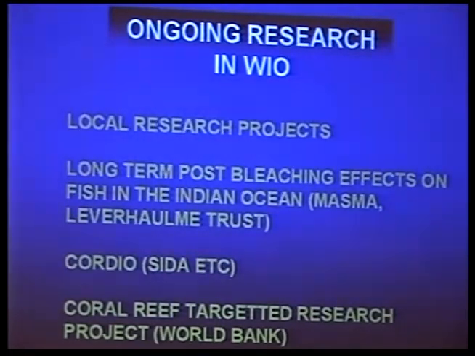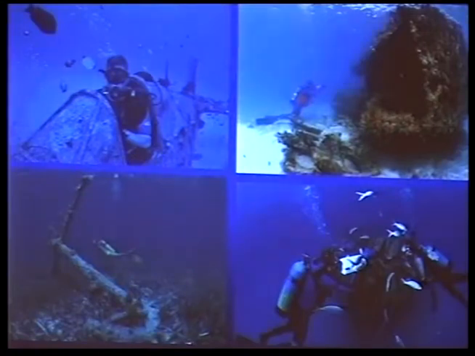We also have Cordio that looks at coral bleaching and coral degradation in various aspects on how corals are affected, as well as a coral reef targeted research project, the World Bank project. So there's a lot of things going on in this region, because these things are not 100% straightforward, clear what is going to happen. So we definitely need more knowledge.